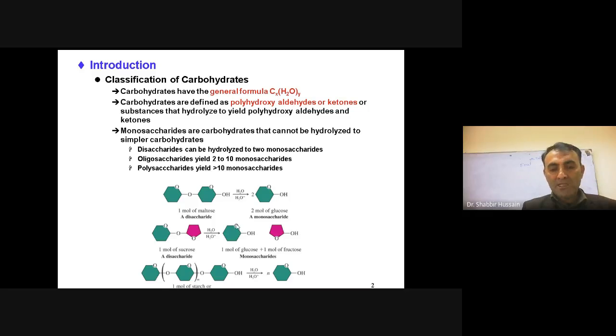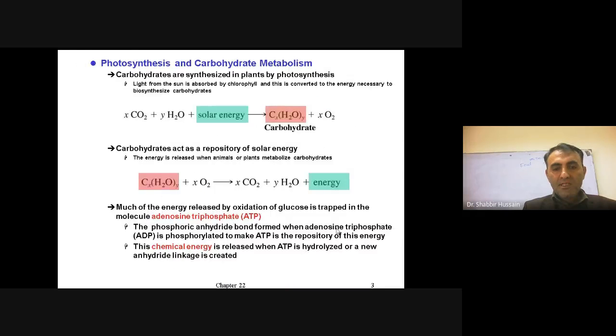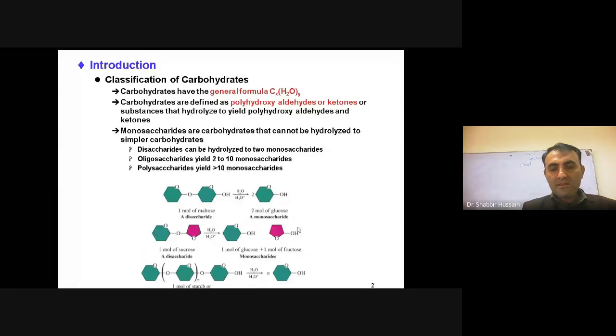These both are monomers, simple sugars. Similarly, 1 mole of starch or cellulose, which are polysaccharides, leads to the formation of many moles of glucose, right? That n may be any figure above 10.